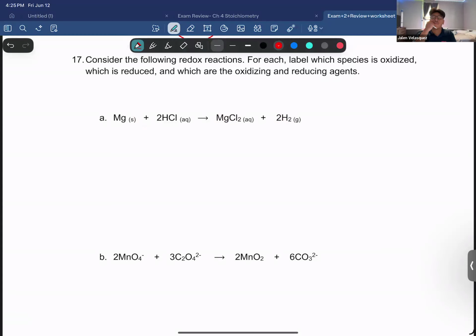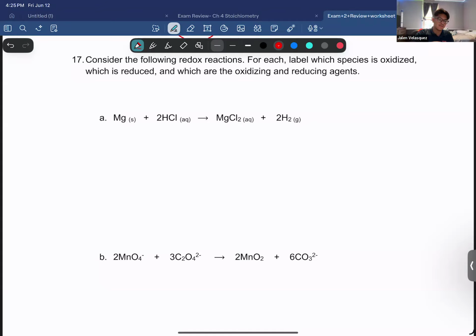The significance about redox reactions is that we are shuttling electrons. So we're gaining electrons, we're losing electrons. Why redox reactions are so important is because since we are transferring electrons, we're able to make energy from that.